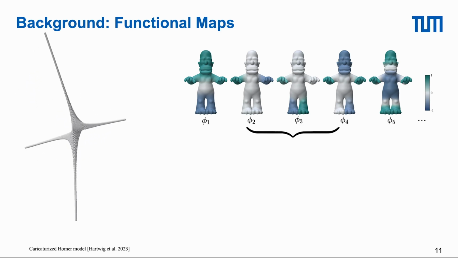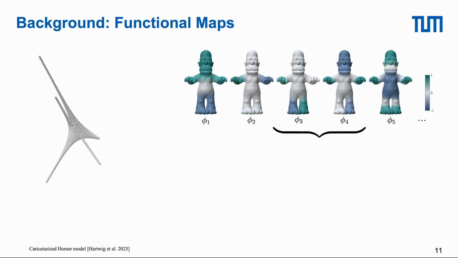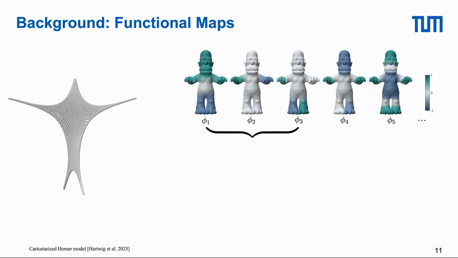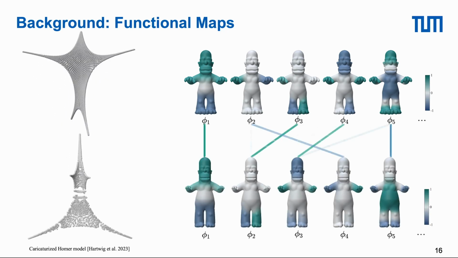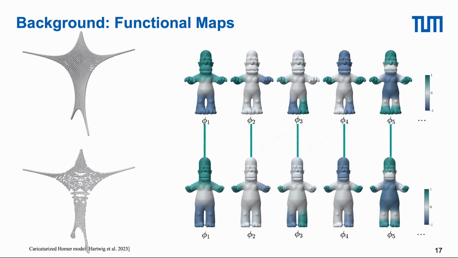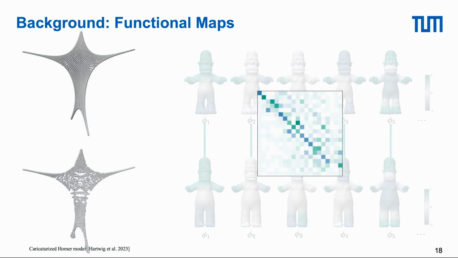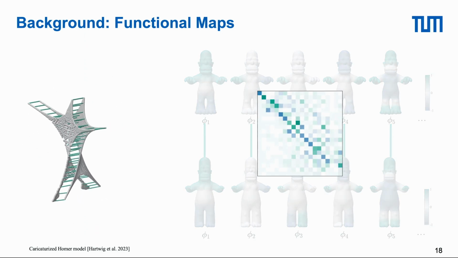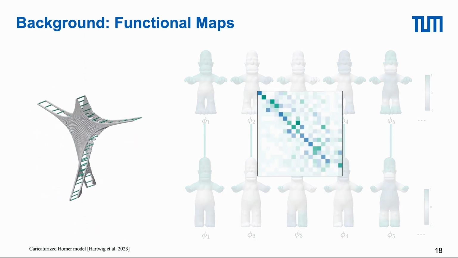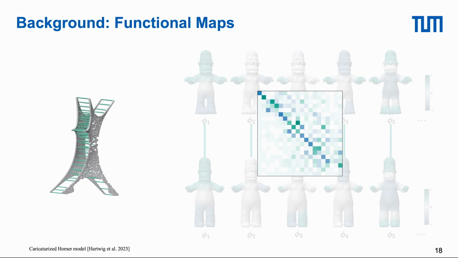We could pick a different 3 and another different 3. For between two shapes, these bases can be linearly aligned with exactly our k by k functional map matrix. Once they are aligned, we're able to retrieve point-to-point correspondences just by finding nearest neighbors in this spectral space.